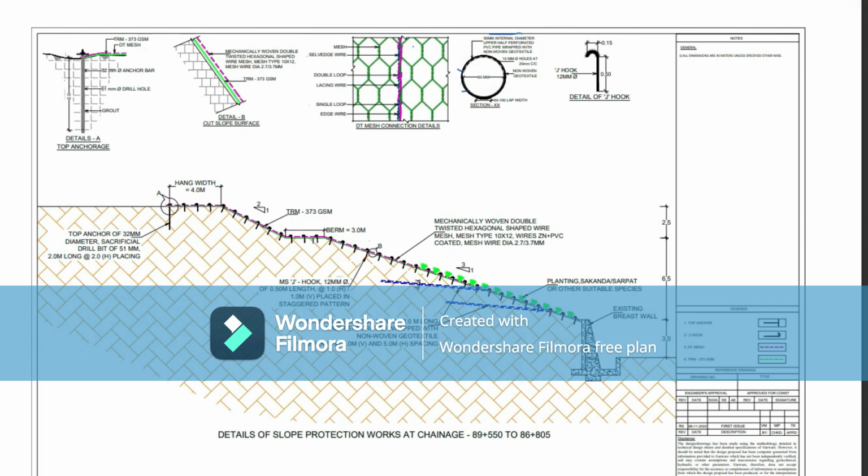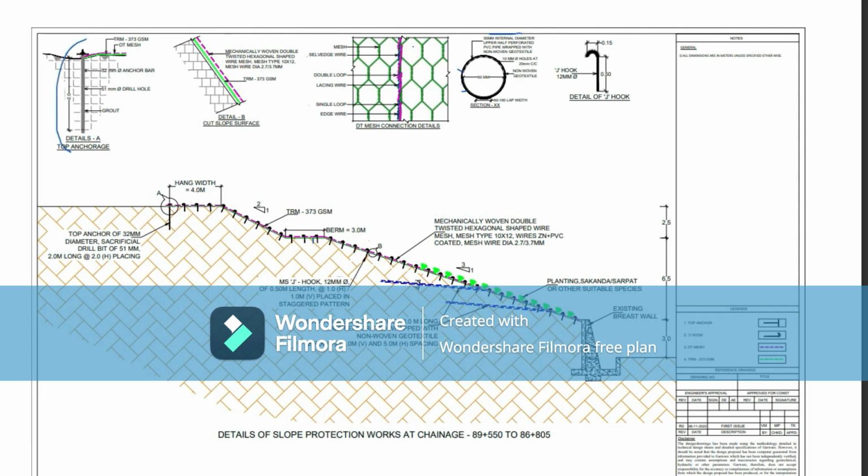And here we will see how the geomat is provided for protection of the slope: geomat with geonet and turfing, attached with J hooks.